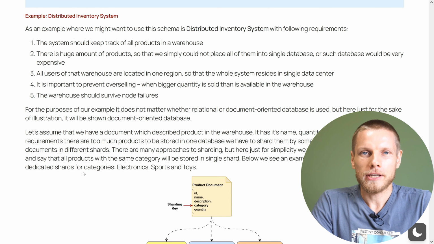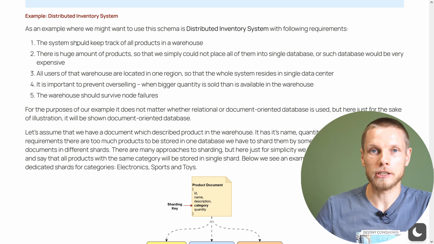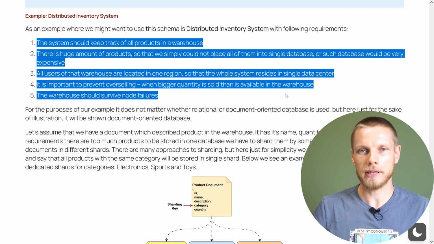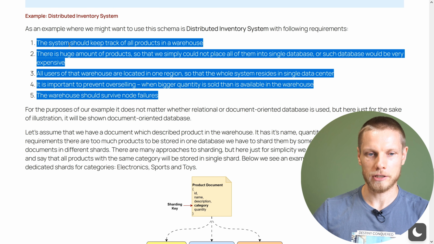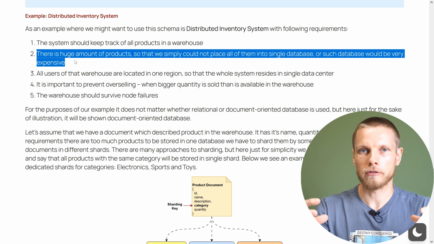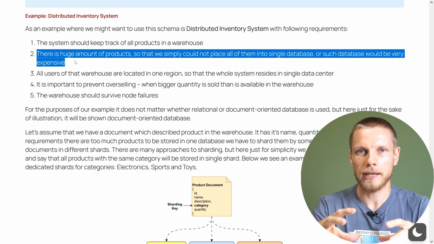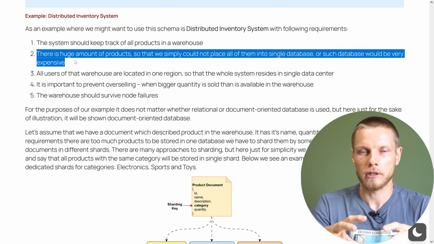As an example of such a system, we will consider a distributed inventory system, and let's briefly give some main requirements for it. This is basically a system that stores how many products we have in the warehouse. It should keep track of all products. Then we have a requirement that the amount of products is so huge that we can't place all of them on a single node.